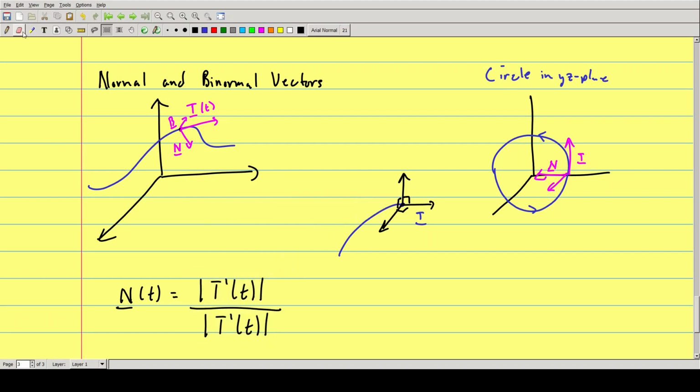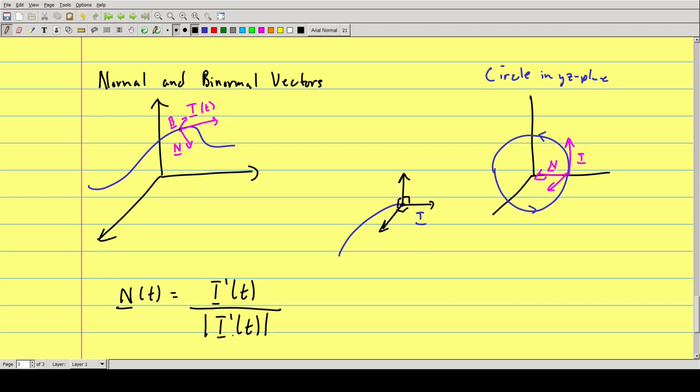Someone asked if the normal vector was like the acceleration vector, and that is correct. We have the unit tangent vector, and we take the derivative and normalize it, and that gives us the normal vector.